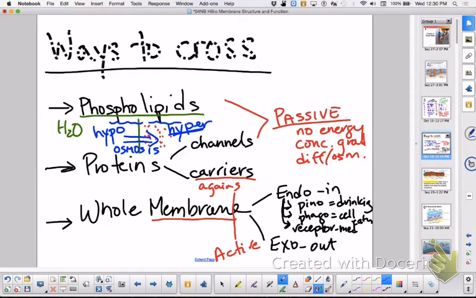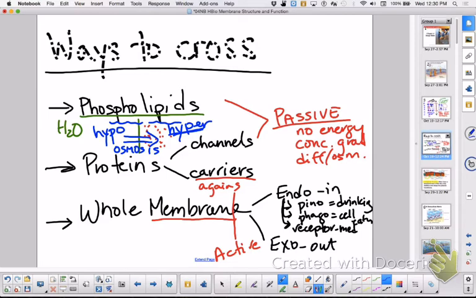Then you pulled them out of the sugary medium and put them in 100 mils of distilled water. That distilled water was hypotonic. The eggs were now hypertonic. Water must flow from the hypo, and it went into your eggs, and your eggs increased in mass steadily. That was all osmosis.